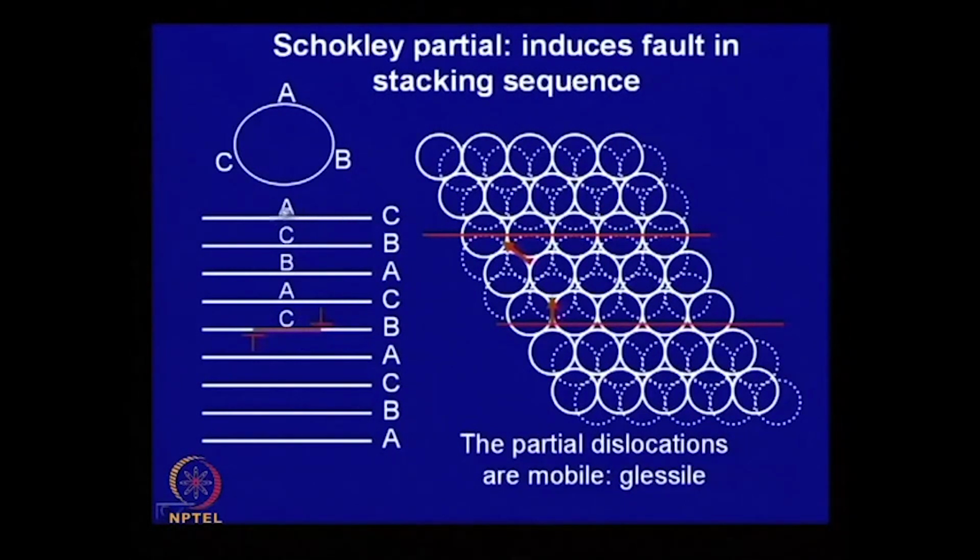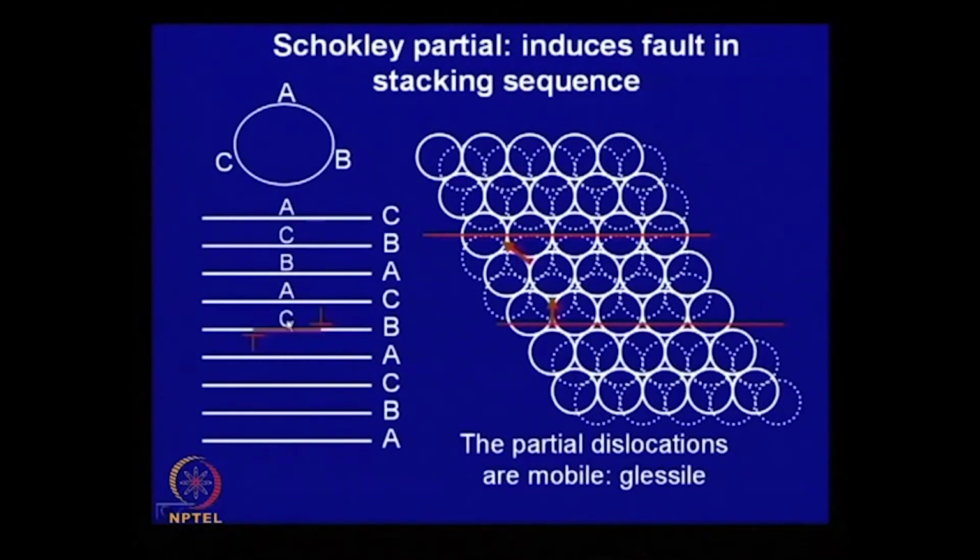So, if this part of the crystal has undergone that kind of a partial movement, displacement, this becomes C, this is A, this is B, this is C. Now you look at the stacking sequence: here it is A B C, A B C, but look across this, what do you have?